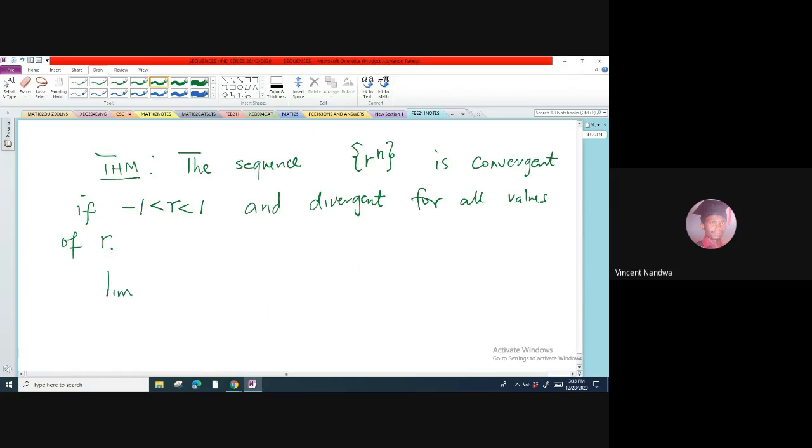This is to say that the limit as n approaches infinity of r raised to the power n is 0 if r is between -1 and 1, and is 1 if r is exactly equal to 1.